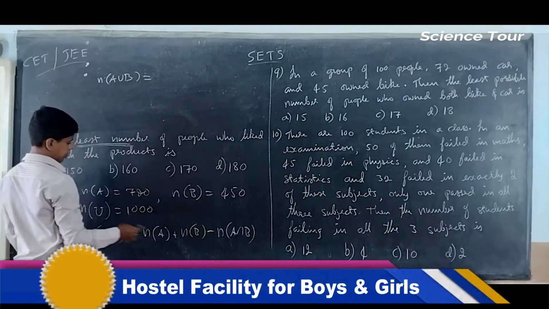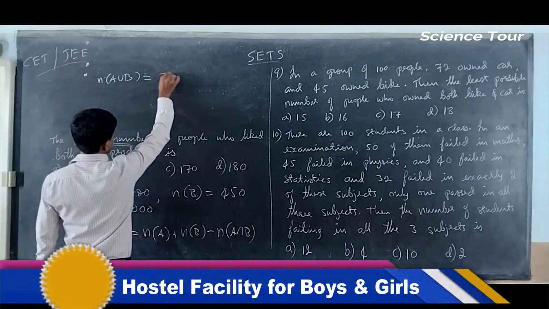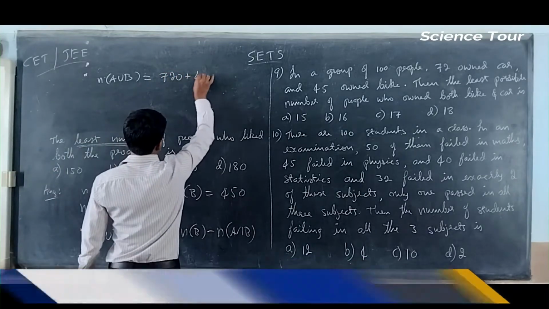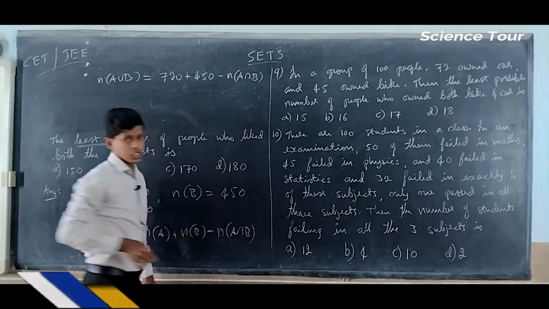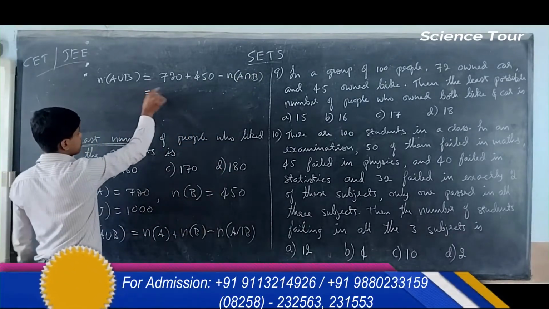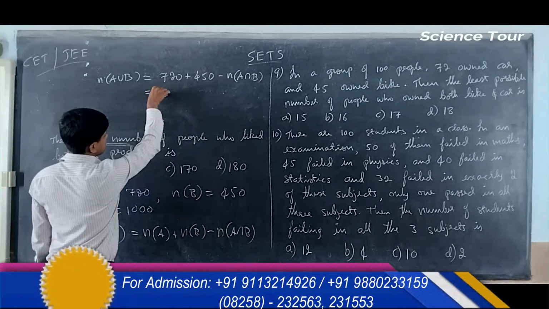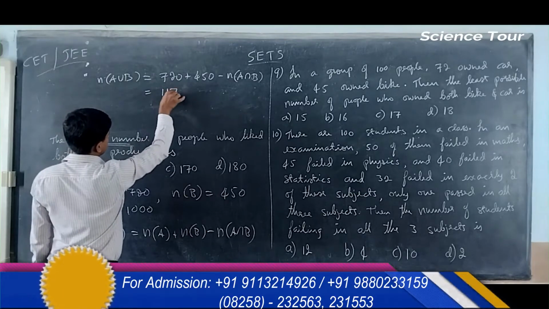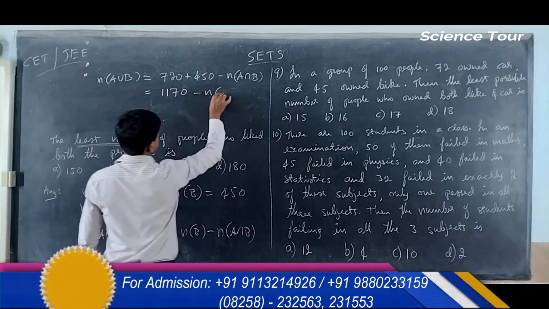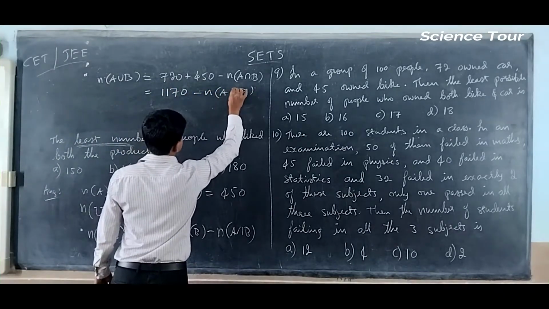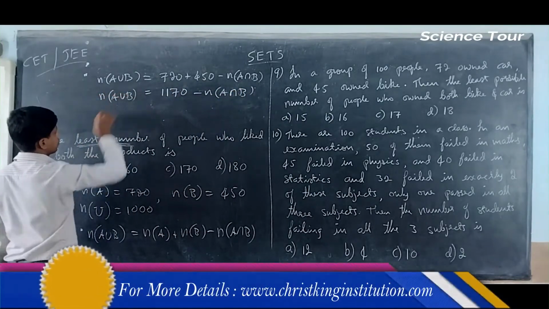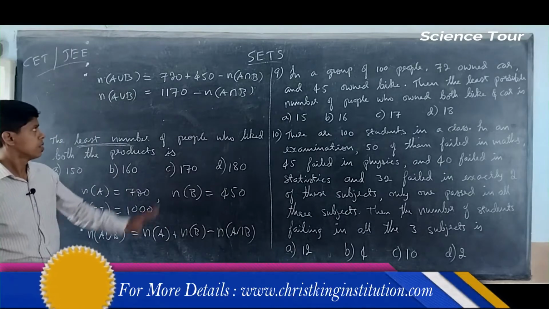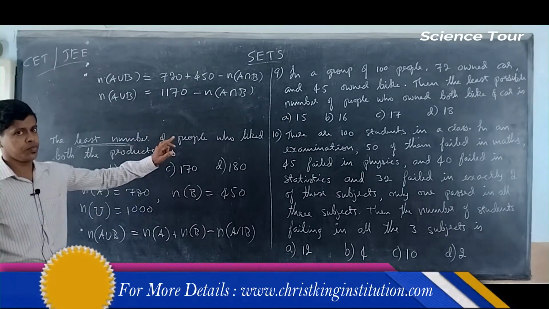Okay, let's simplify, then you will get a better picture. So this is N of A, 720 plus 450 minus N of A intersection B, and this adds up to 1170 minus N of A intersection B. So this is N of A union B. Well, now understand.